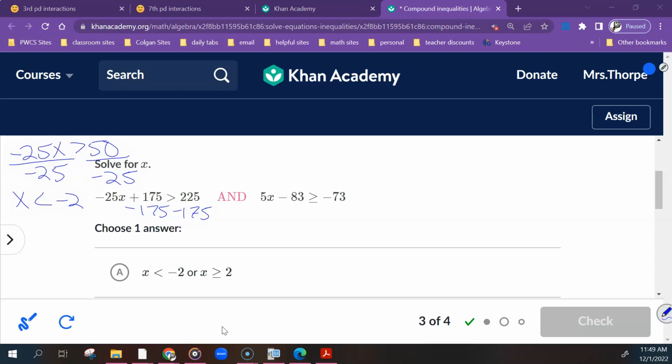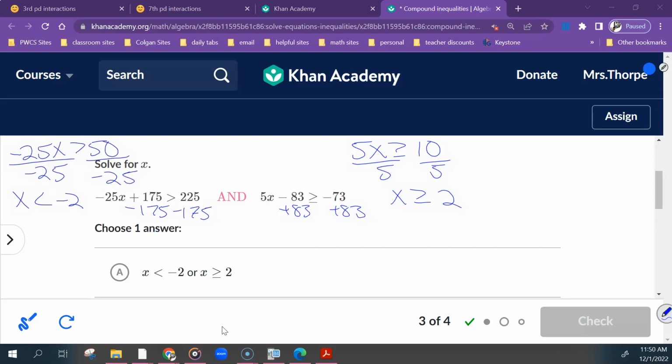Then solve the other one. Add 83 to both sides. We have 5x is greater than or equal to 10. Divide both sides by 5. And for me, I'm a visual person, so it really helps me when I see this drawn out.